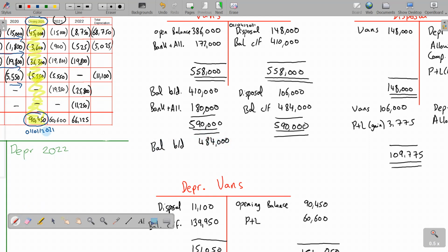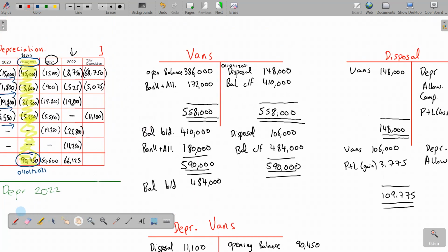So I might just put in dates here just so we remember. Our opening balance is for 01/01/2021. The things to do with the bank was 01/04/2021. The disposal 01/04/2021. Balance brought down 01/01/22.